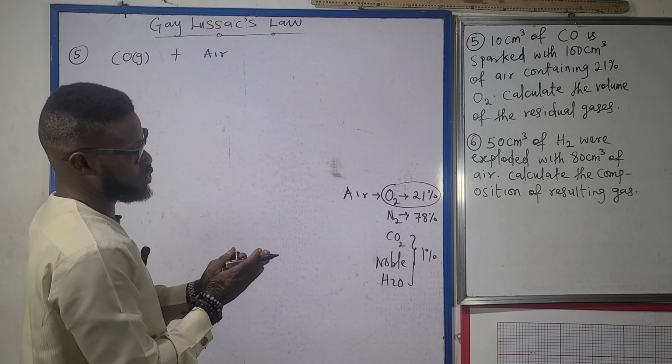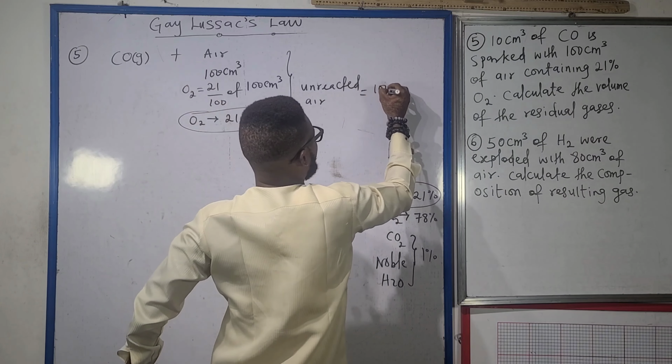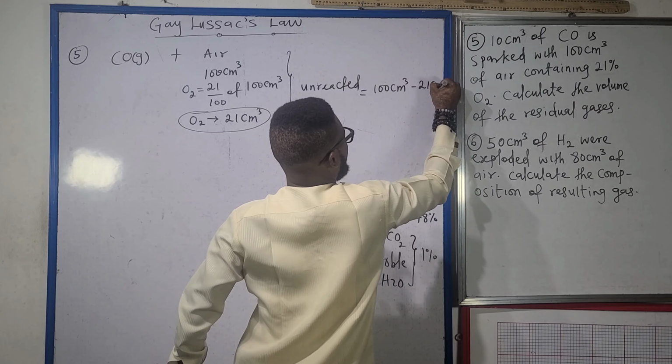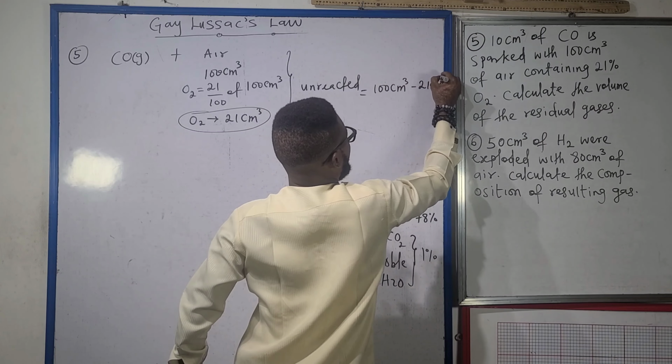Then I need to talk about unreacted air. Unreacted air is 100 cm³ minus 21 cm³, which represents the oxygen component that will go into the reaction. So I'm left with 79 cm³ of air. Take note of this. Okay, let this stand this way.